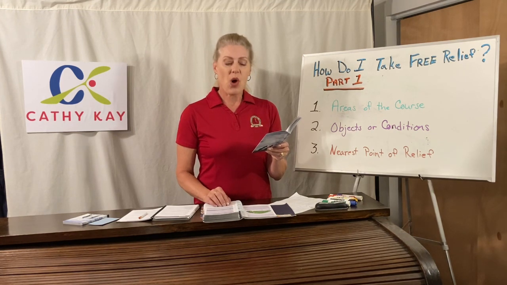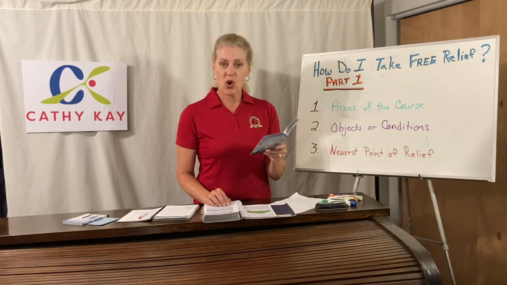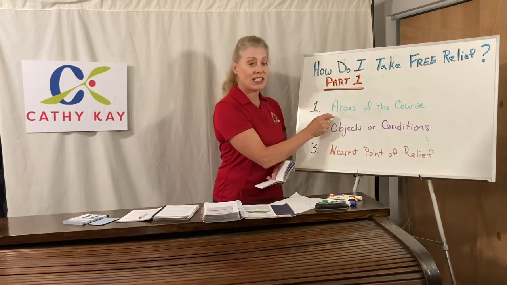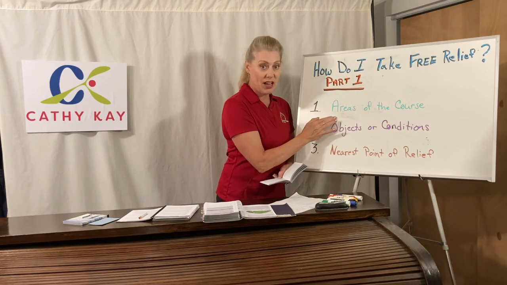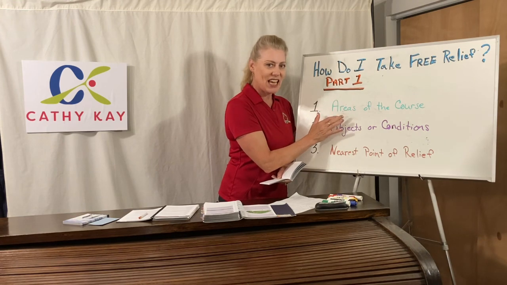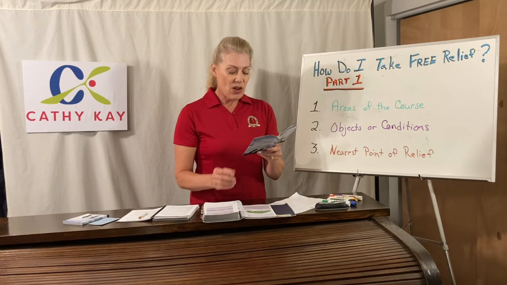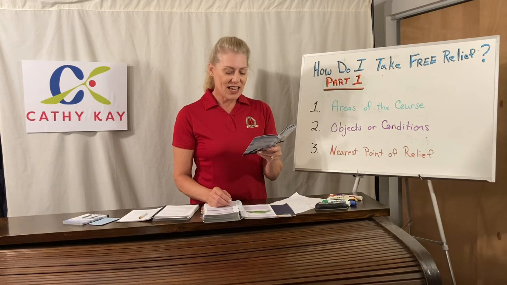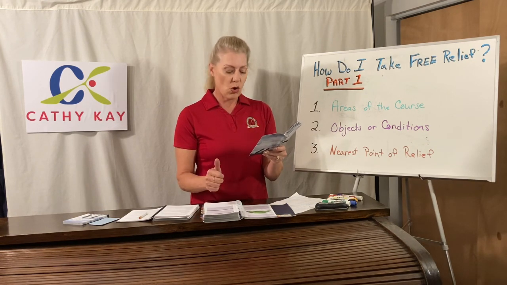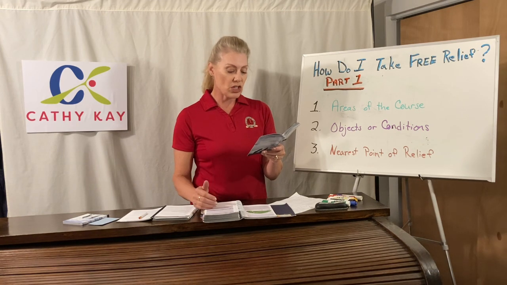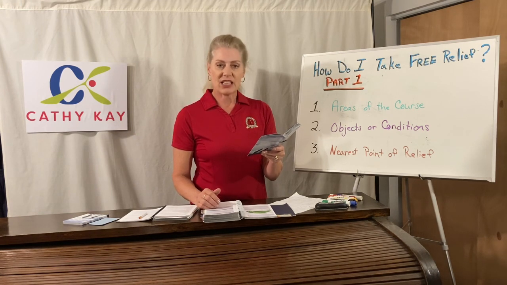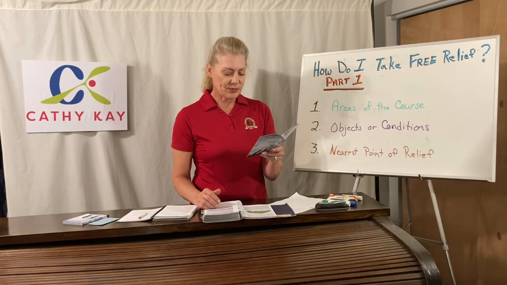It's in the required area of the course. That's why we had to become familiar with the definitions and the 5 distinct areas of the course, because there's some restrictions on that. And then where the condition does not interfere with the stroke you would have made from the original spot if the condition was not there.